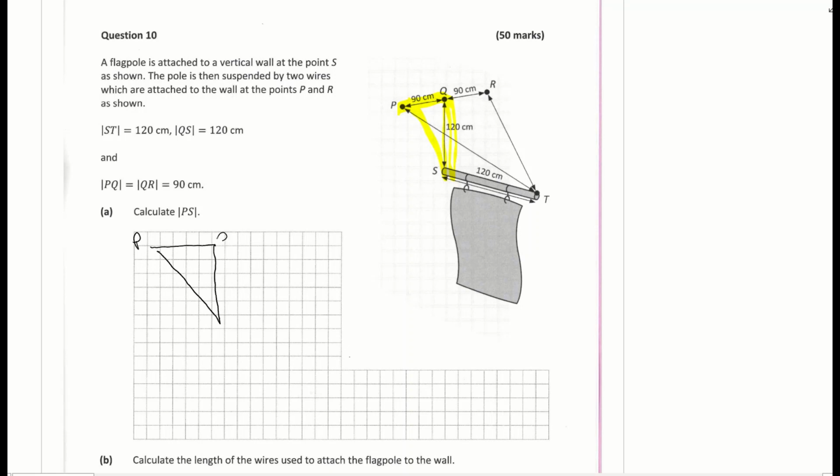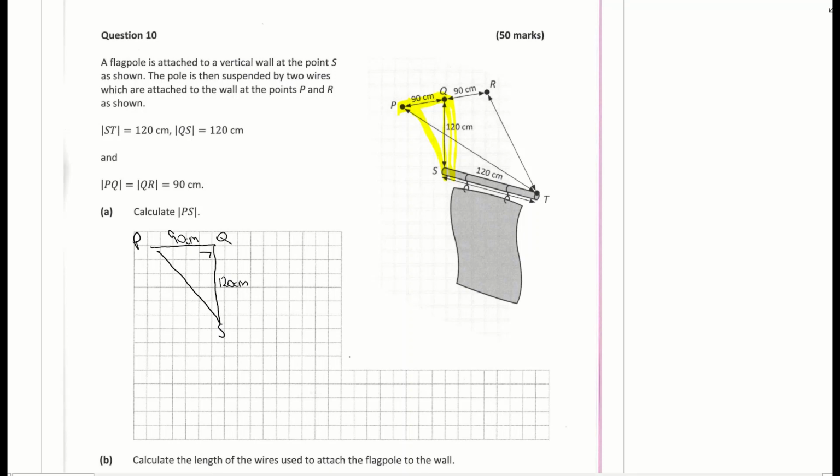So for PQS, we have 90 centimeters and we have 120 centimeters. Now this is a 90-degree angle because it's the vertical wall, and the line SQ is vertical from the base of that pole, and PR is divided into 90 centimeters and 90 centimeters.